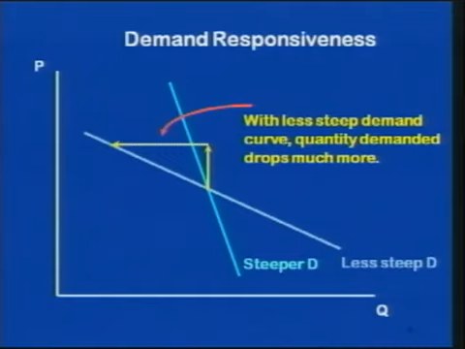Well, the two examples that were given for the steep demand curves actually provide information about relatively non-steep demand curves. And this is a very important point. When you look at a category of goods as a whole, like housing, the demand curve can often be relatively steep. But if you look at one component within that category, such as housing in Pleasanton, or one city, the demand curve is going to be less steep because people have to have housing, but they don't have to have it in that particular neighborhood.